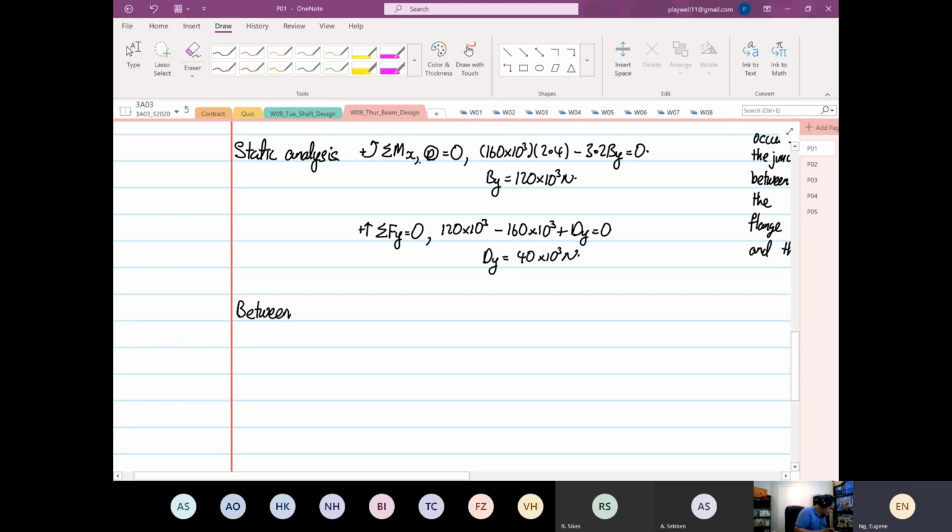Just briefly, between point A and point B, so between 0 and up to a distance of 0.8 meters, we're going to form the shear force and bending moment equation.